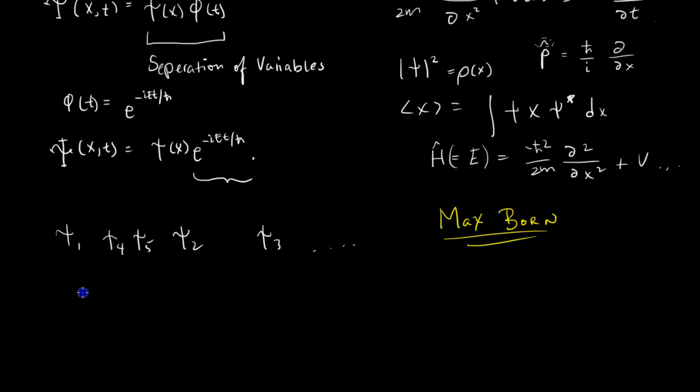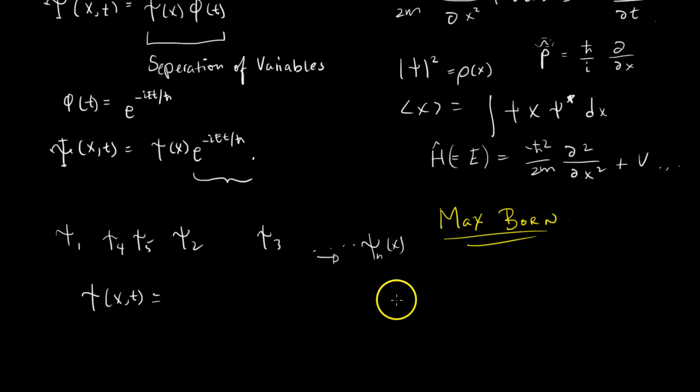We can make a generalized wave function with no indices, and if we kept going with these numbers, we would get up to a general one, psi n of x. What I was saying is that we can make a generalized wave function with no n's, just of x and t, such that it is a linear superposition of all of these stationary states.